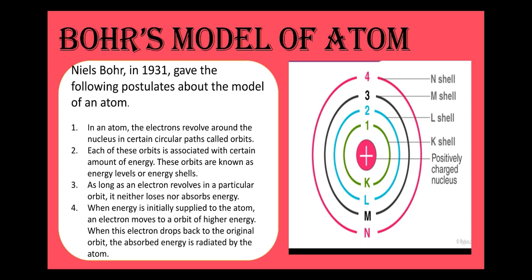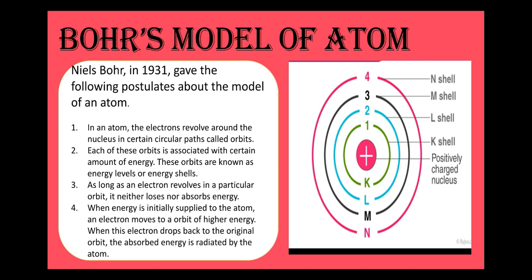Now, the postulates of Niels Bohr's model of an atom: in an atom the electrons revolve around the nucleus in certain circular paths called orbits. Here you can see different lines; they are called circular paths, or orbits.